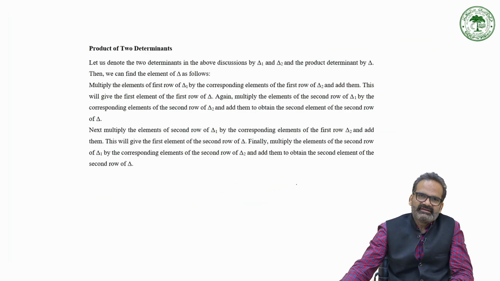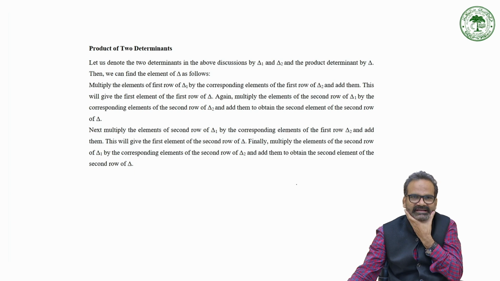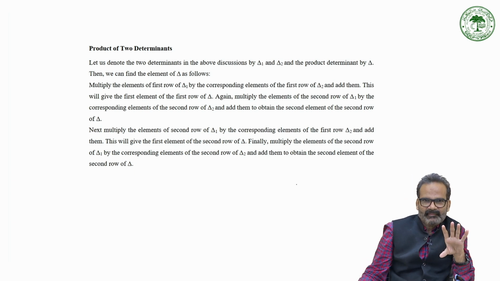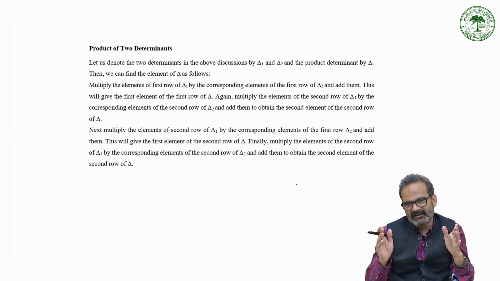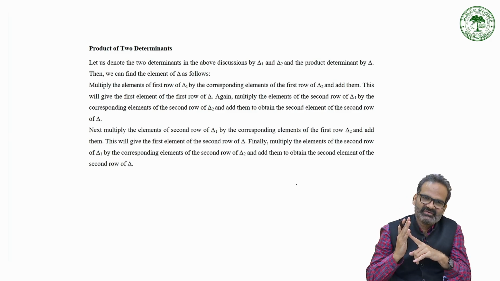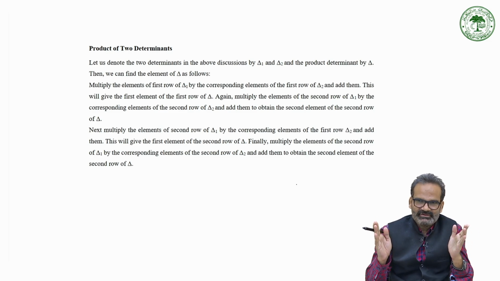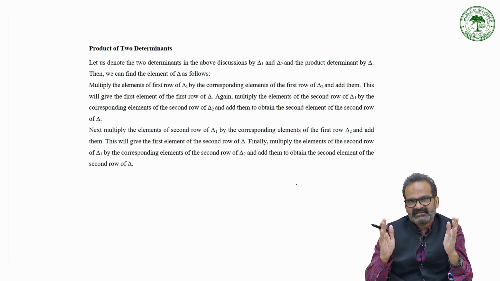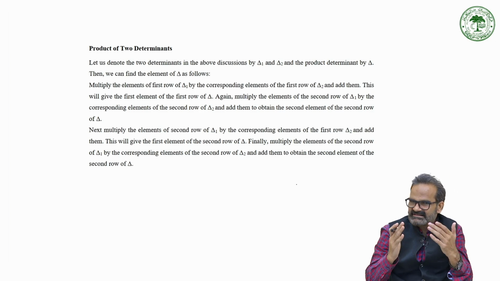Now finally we come to an end. This is the last topic, that is how we can multiply two determinants. We have discussed almost everything about determinants, means expansion of a determinant along any row or any column, and I have told you a determinant can be expanded in 6 ways, and in all the 6 ways your answer will be the same. Second, we have also discussed finding the value of a determinant using Sarrus diagram.